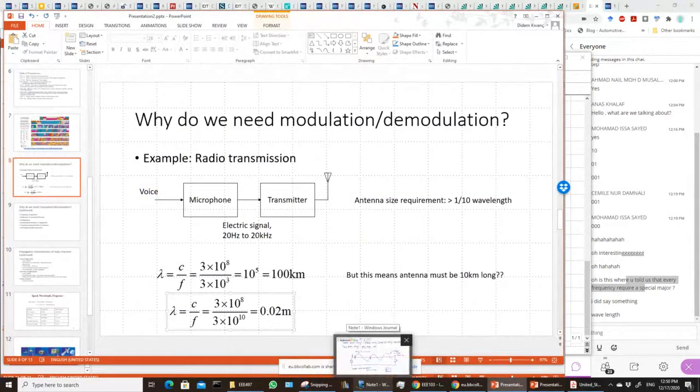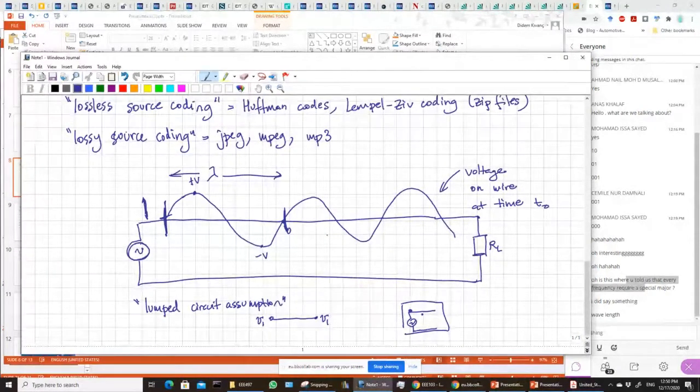And if you can make this lumped circuit assumption, then you have resistors, you have inductors, you have capacitors, and you can just use the circuit theorems that you're going to learn, and easy circuit analysis works.